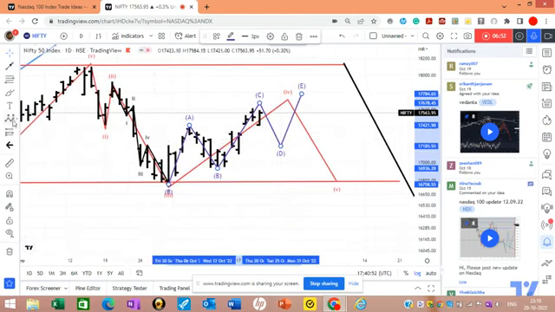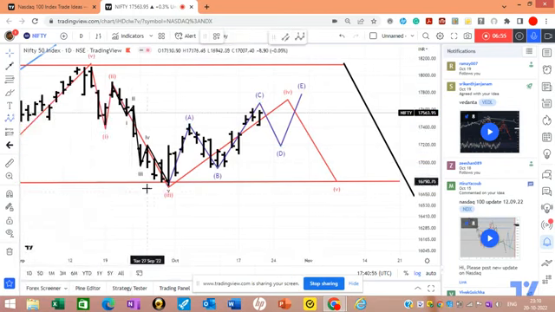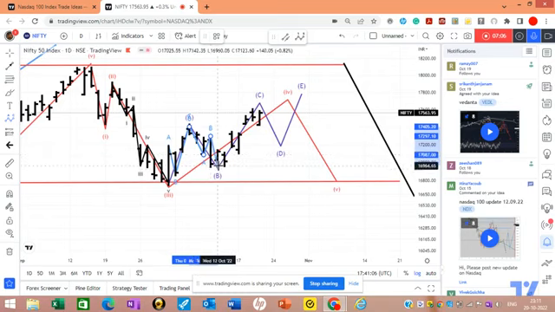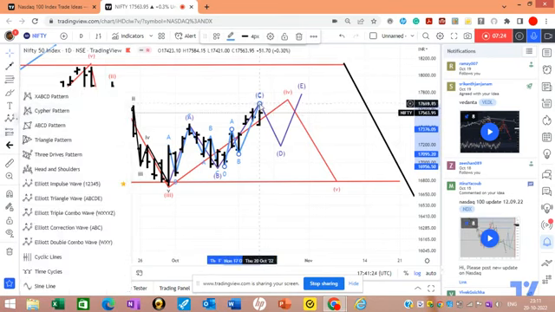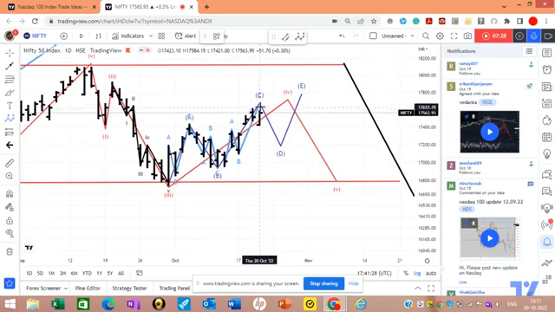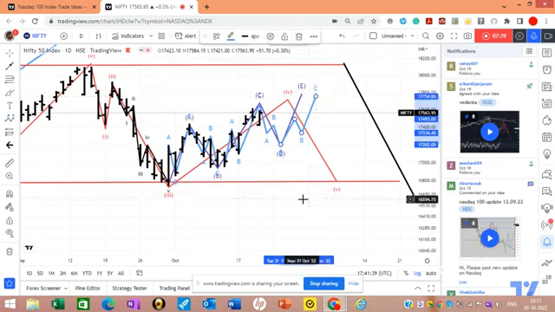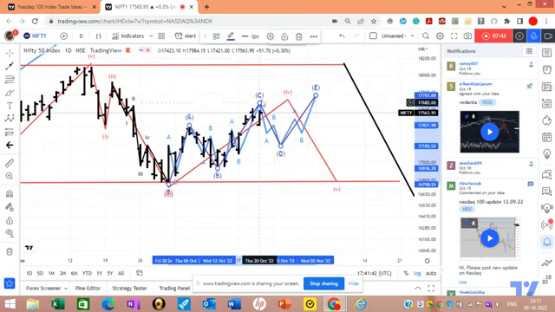So as far as the immediate price action is concerned, these waves would be like this: A, B, and C. A, B, and C. Maybe a slight small wave is left, and then A, B, and C. So this is a triangle wave, down and up move.